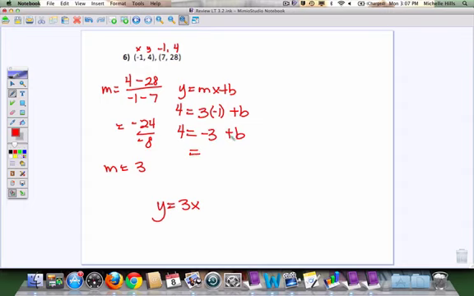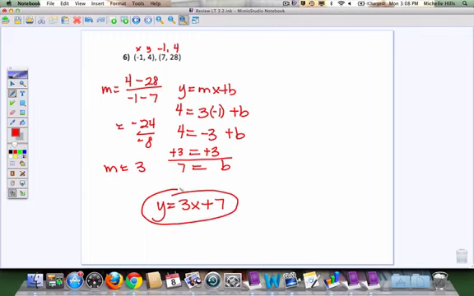And again, since there's addition or subtraction connecting the b with the constant, I need to use addition or subtraction to break that apart. Since it's a negative 3, I'll add 3 to eliminate that negative 3 and do the same thing to the other side of the equation. So 4 plus 3 is 7 equals b. Since it's a positive 7, y equals 3x plus 7.